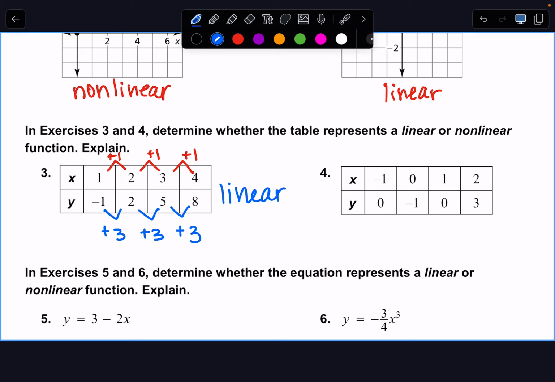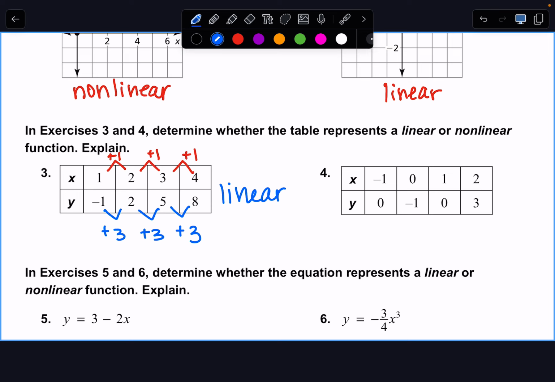You and your elbow partner decide about number 4. This one's easily non.